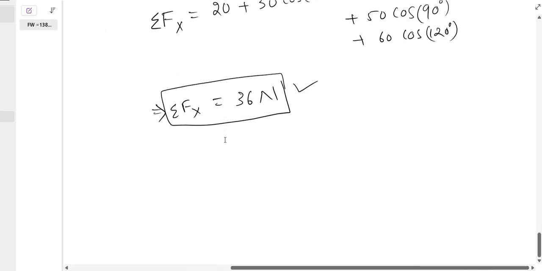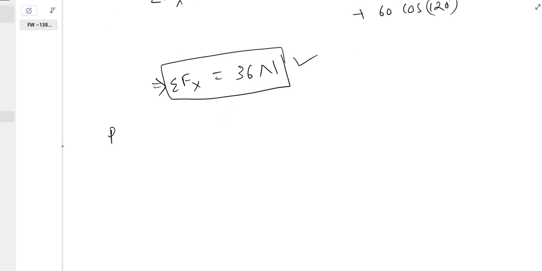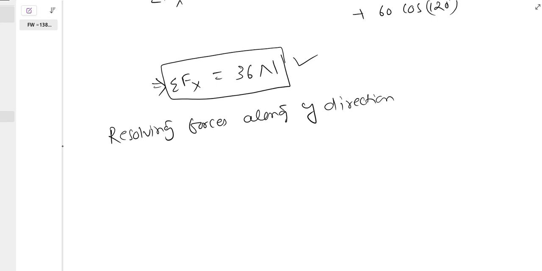Then we will calculate sigma Fy by resolving forces along y direction, or vertically.